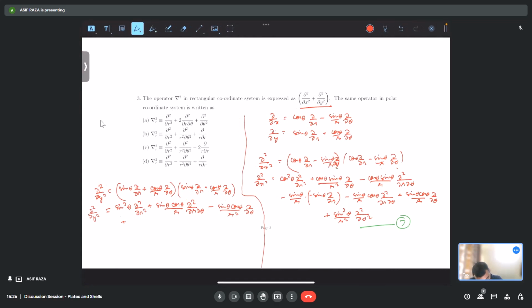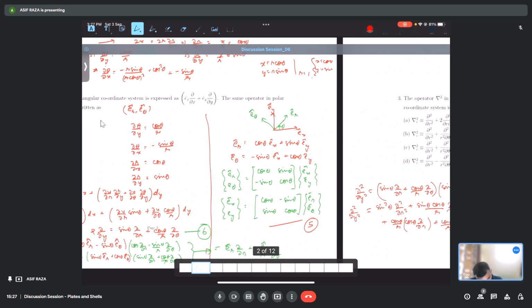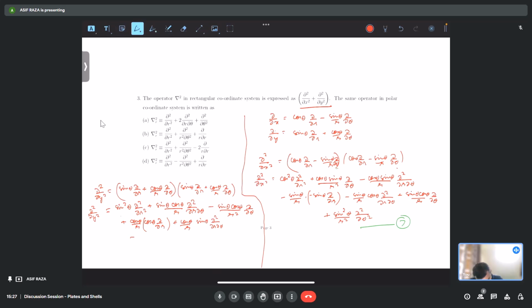In the second term, this will get cos theta by r. It will be with respect to theta, it will be cos theta by r. So that will be sin theta ∂²/∂r∂θ, and again it will be cos theta by r.